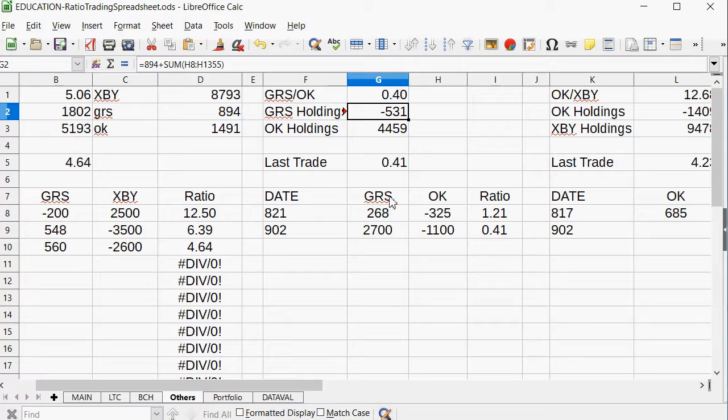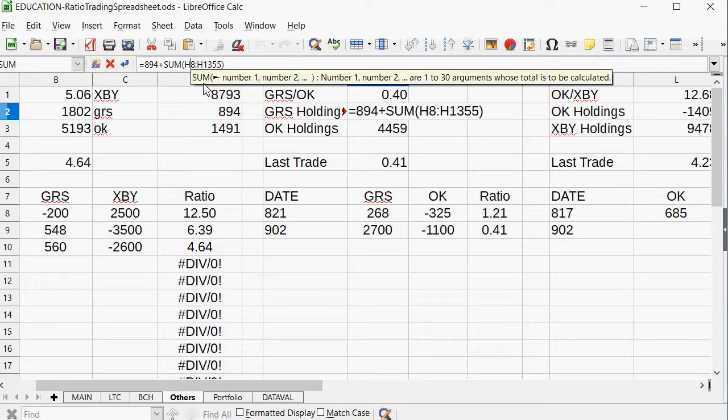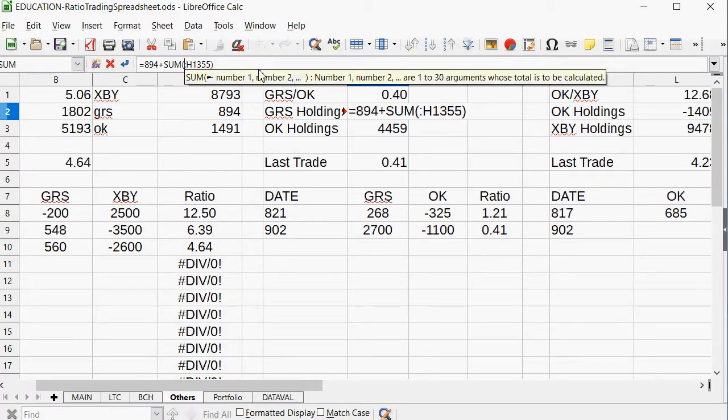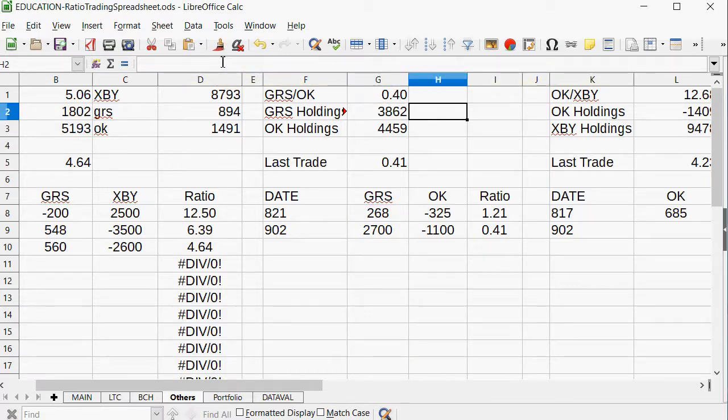So this is the sum of row G. And this is the sum of row H.